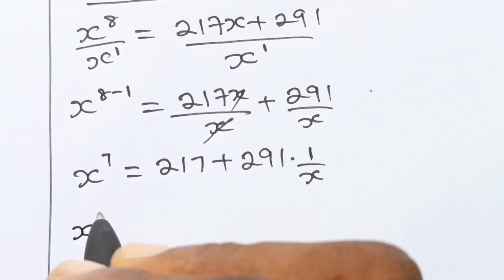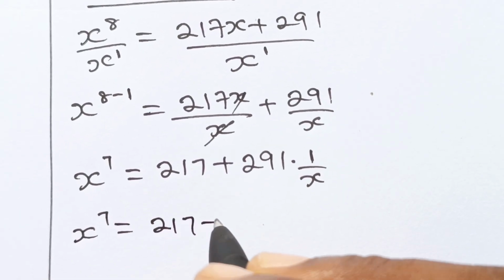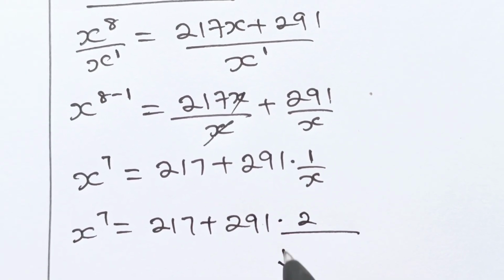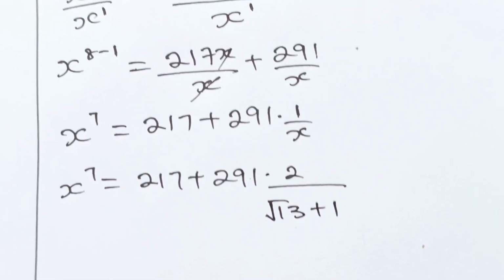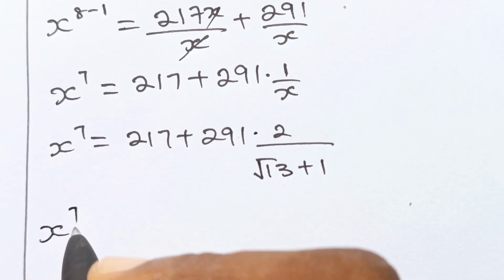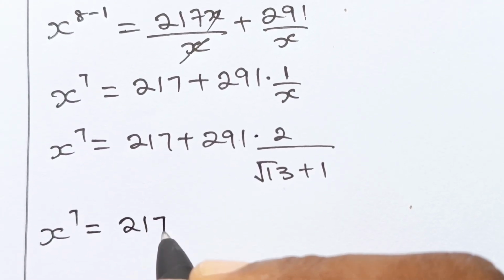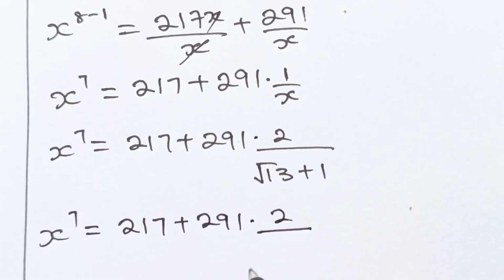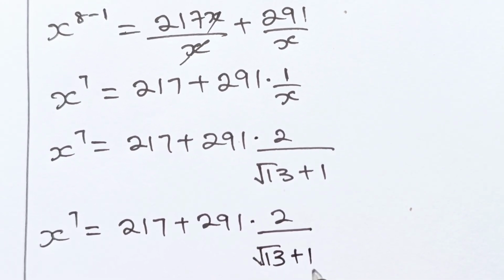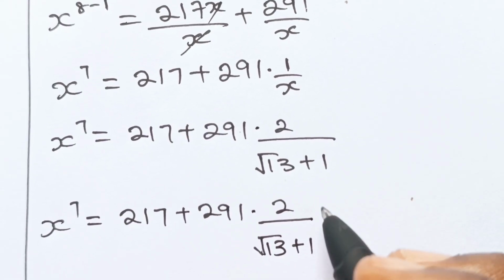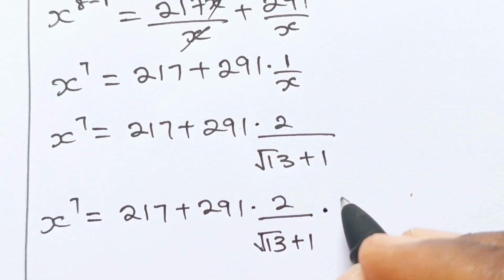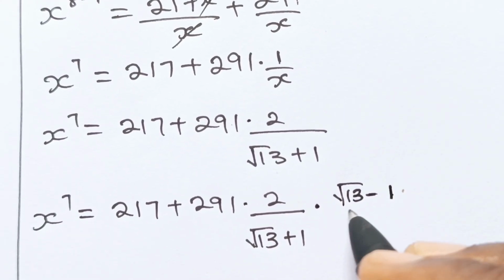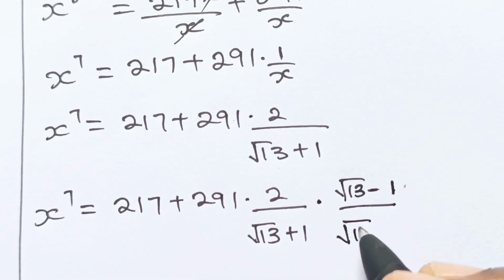So x to the power of 7 is 217 plus 291 multiplied by 2 over root 13 plus 1. Now let's rationalize. To rationalize, we multiply by the conjugate of this, which is root 13 minus 1, and divide by the same thing.